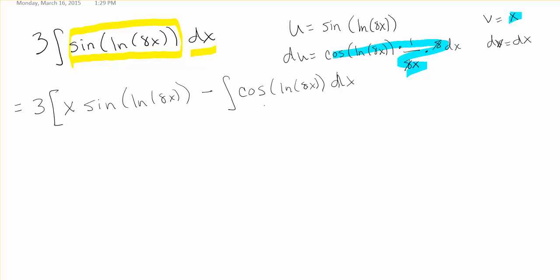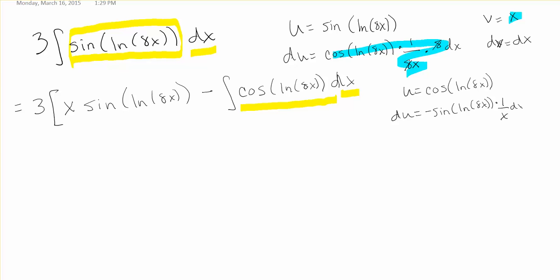And then you're going to do integration by parts a second time on this integrand. That's going to be your u, and of course this will be your dv. So now we let u equal cosine of ln of 8x, and then du is going to equal the derivative of the cosine, which is negative sine of ln of 8x, times the derivative of ln 8x, which is 1 over x because the 8's cancel.